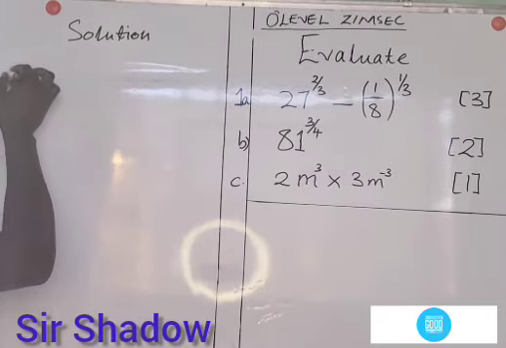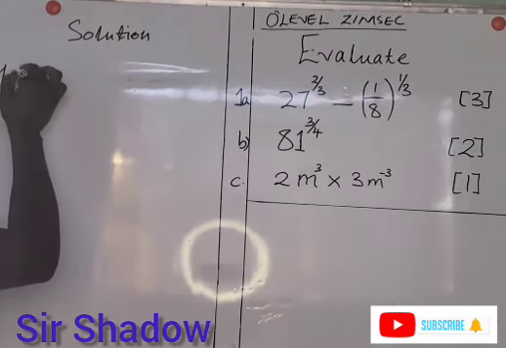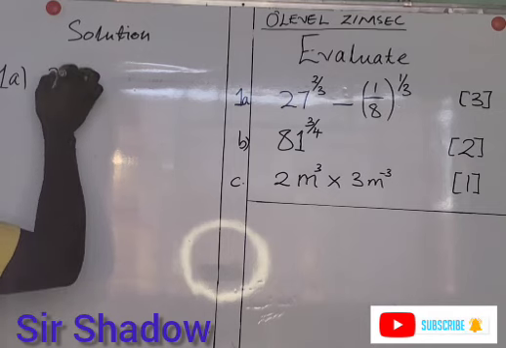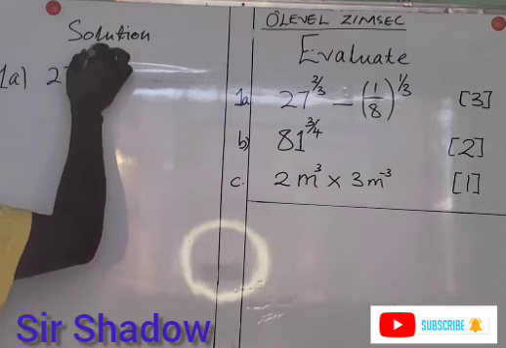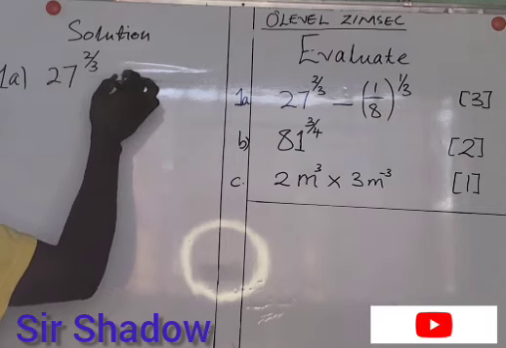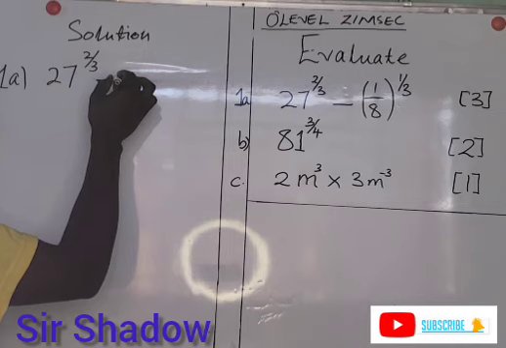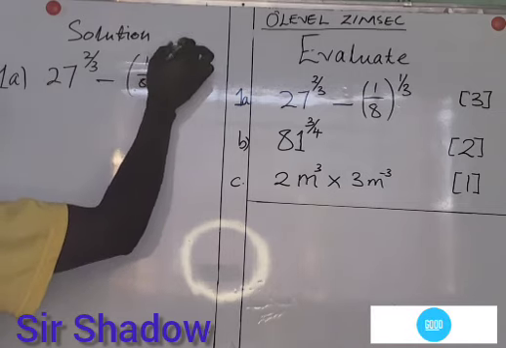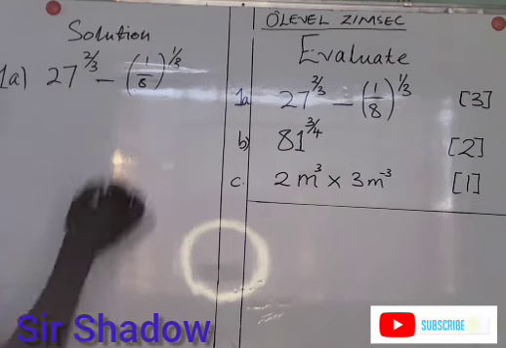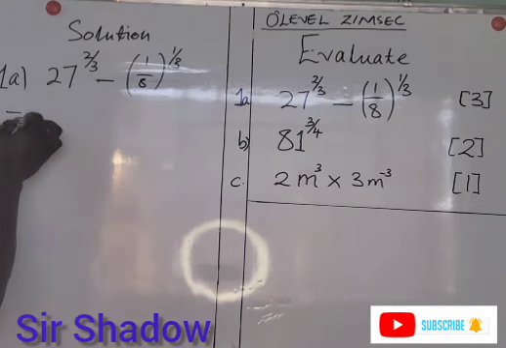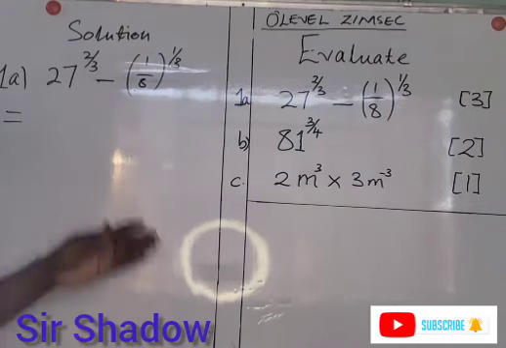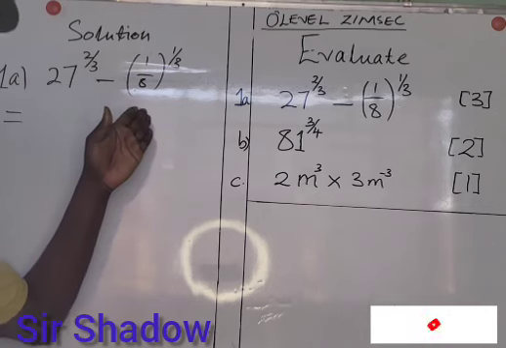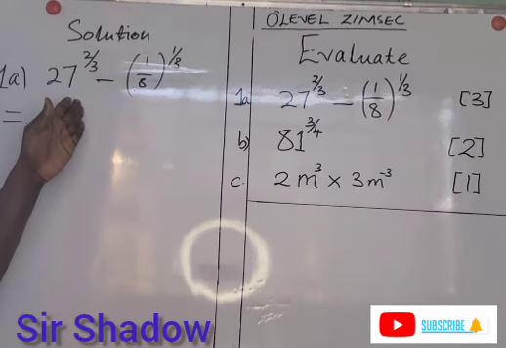So we are saying 27 to the power of 2 over 3 subtracting 1 over 8 to the power of 1 over 3. First of all, we want to simplify 27 to the power of 2 over 3 and find the answer.